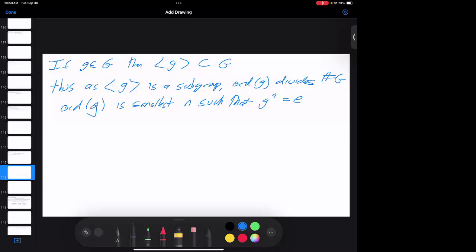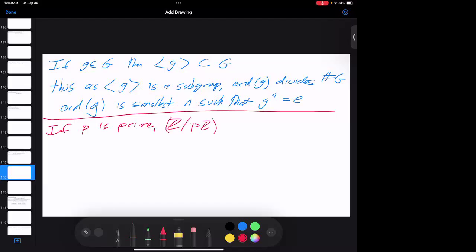Okay, this is nice. There's a particularly useful example. If p is prime, we look at Z mod pZ star, which was 1, 2, up to p minus 1, right?